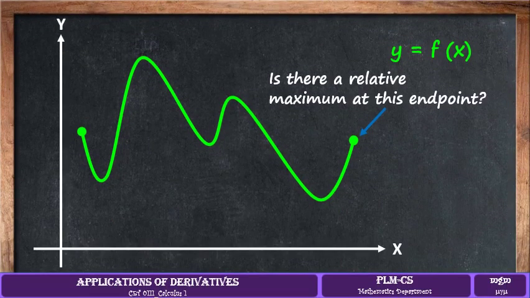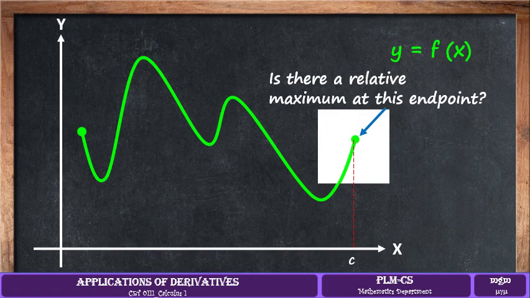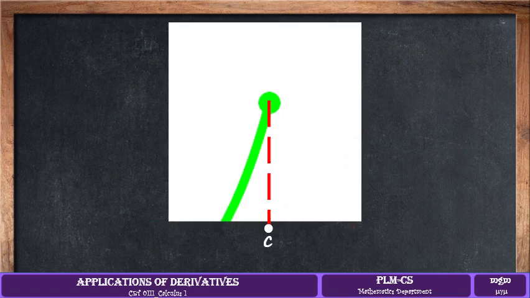Let us try to illustrate it. Say, we let C be the endpoint in which perhaps the maximum value might occur. Then, let us magnify this endpoint together with the domain D of the function.